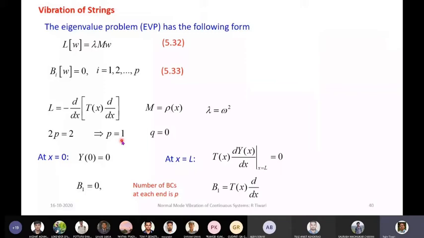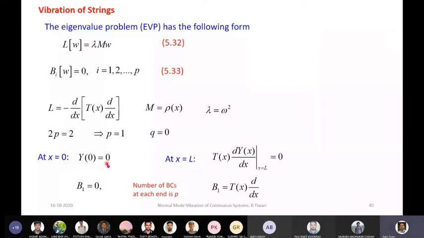In the beam case, we had p equal to 2, so we had two boundary conditions at one end of the beam. But now here, because of the L operator, only one boundary condition is there at every boundary. So X is equal to 0, for the previous problem case, this will be 0.